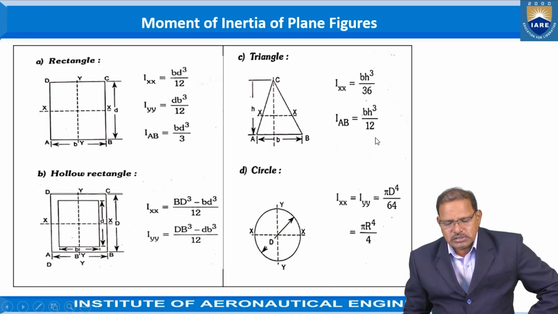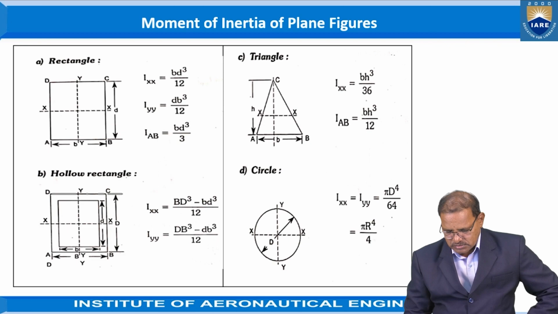The circle is symmetrical about the central axes, x-axis and y-axis, hence I-x is equal to I-y, which is equal to pi d to the power of 4 by 64, where d is the diameter of the circle, which is also equal to pi r to the power of 4 by 4.